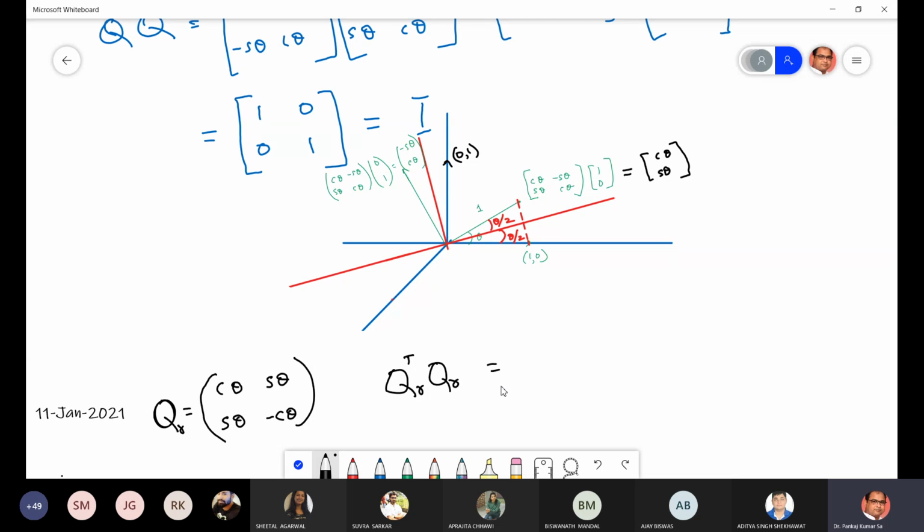So how much does this become? Cos theta, sin theta, sin theta, minus cos theta, times cos theta, sin theta, sin theta, minus cos theta. Is that equal to I?